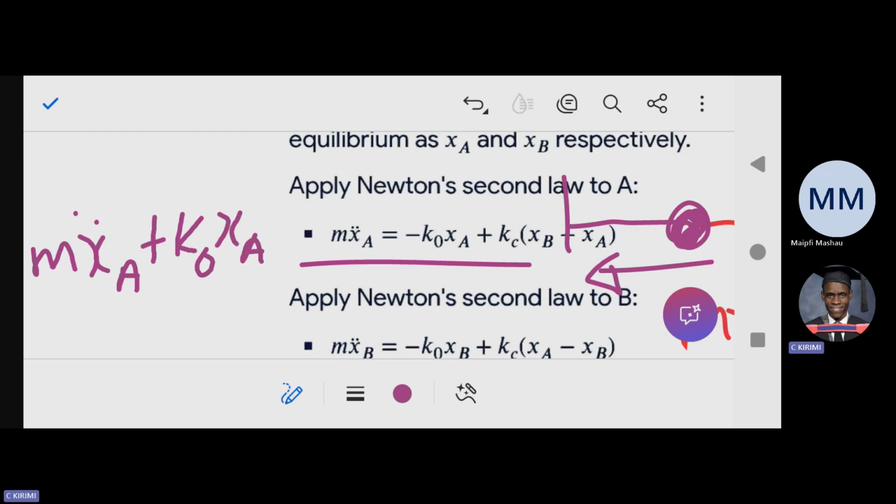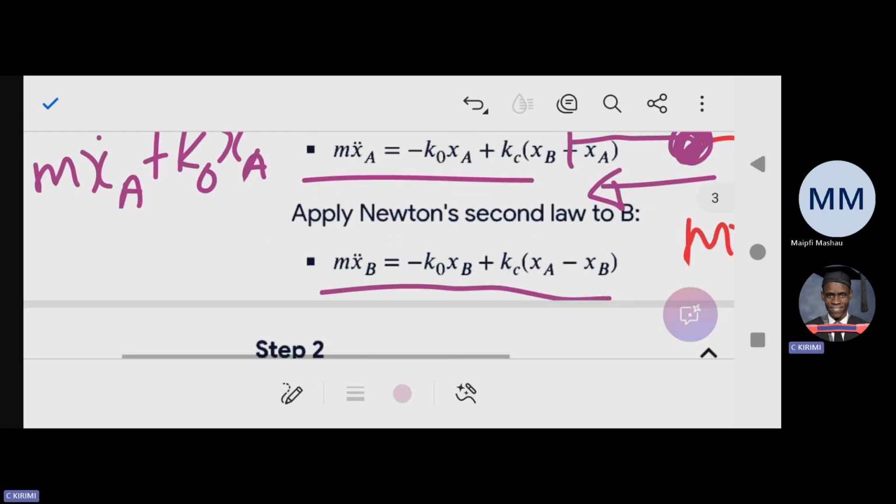Then the Kc XB will be minus. Now I see it. You took the force to the other side. That's what is happening. And then on the right-hand side you are left with nothing.